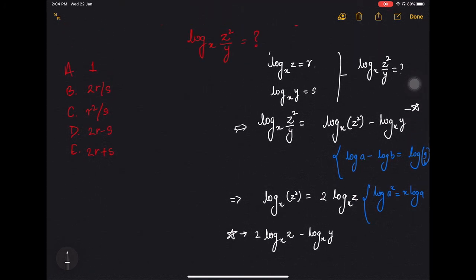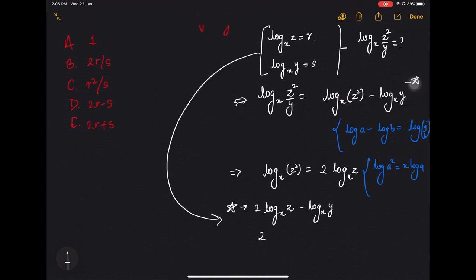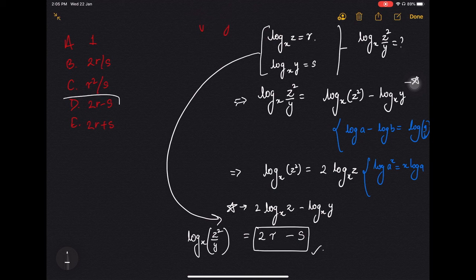Now, if I put in the values from here to this, I'll get the result of twice of log base x of z is r, so twice of r minus log base x of y, which is s. So finally, I was able to get the result for log base x of z squared over y, which is 2r minus s. So my answer will be D here.